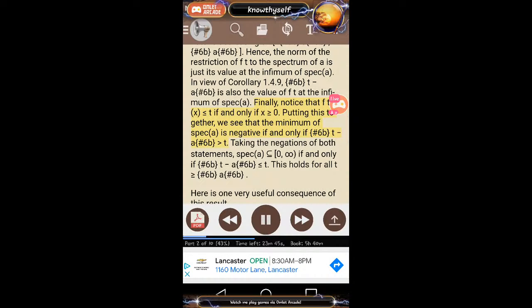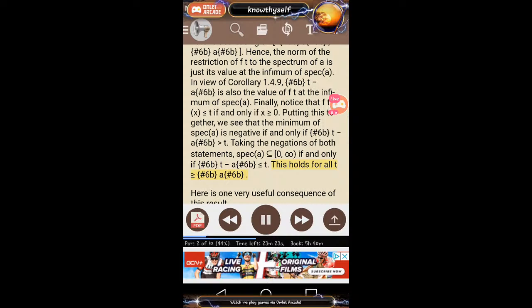Putting this together, we see that the minimum of spec A is negative if and only if ‖t − A‖ is greater than t. Taking the negations of both statements, spec A is contained in [0, ∞) if and only if ‖t − A‖ is less than or equal to t. This holds for all t greater than or equal to ‖A‖.